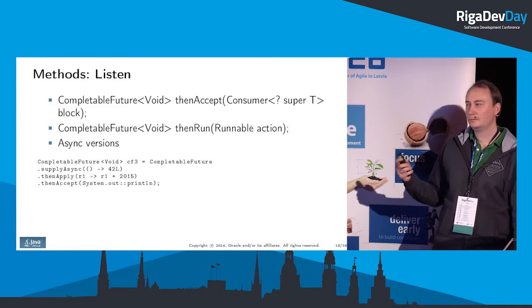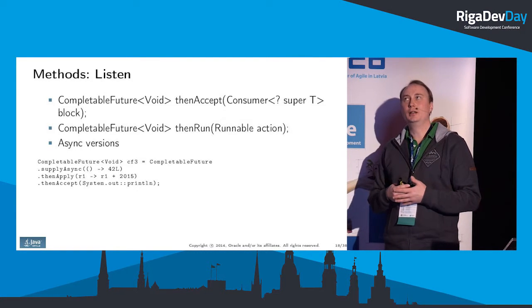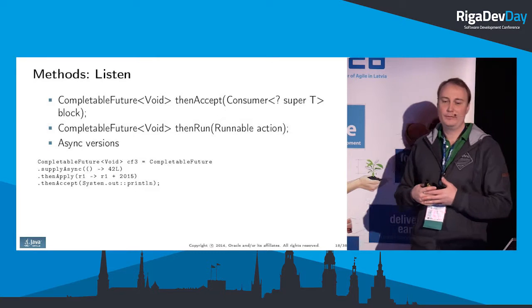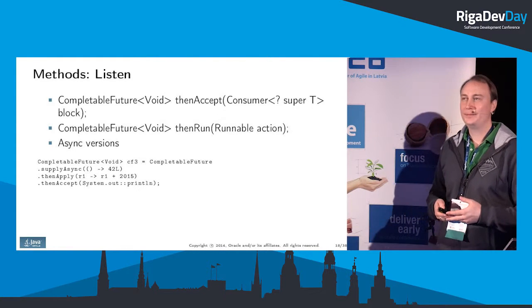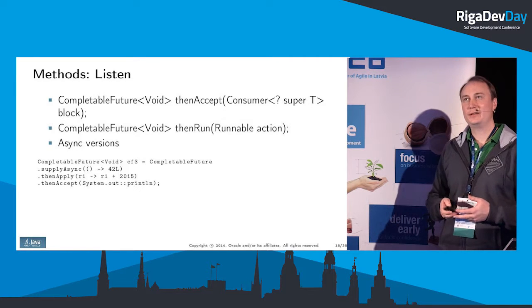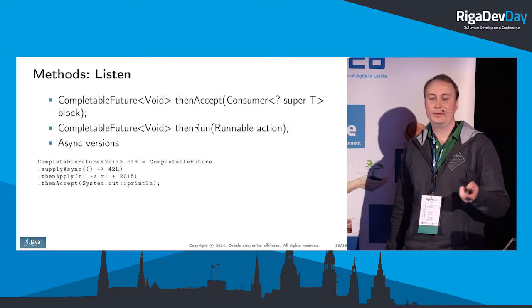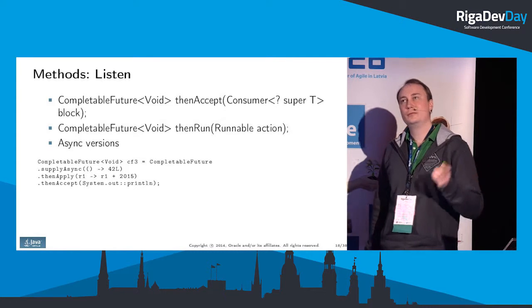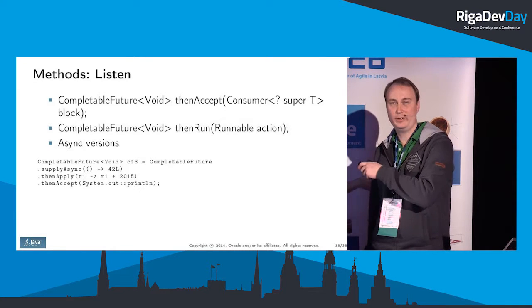So CompletableFuture in Java contains aspects of listenable future. So there are, in some sense, terminal methods that do not return value. So you see void here.